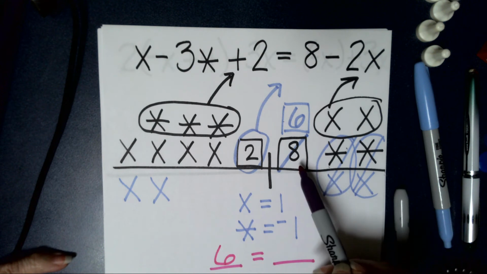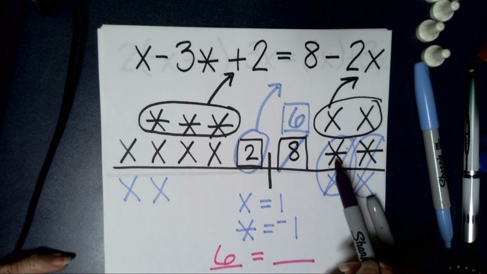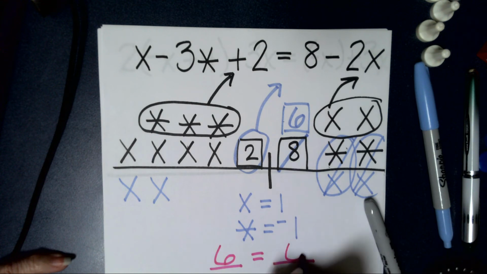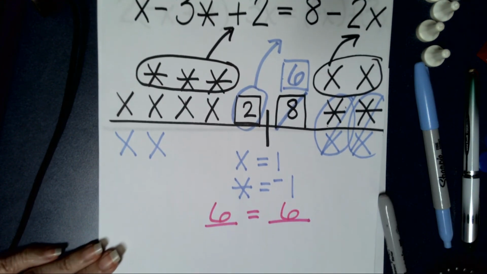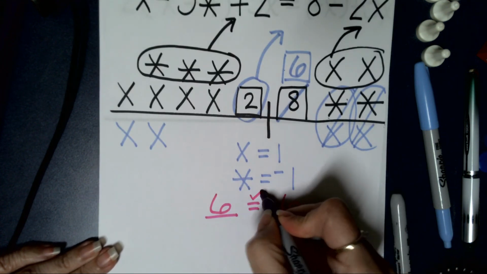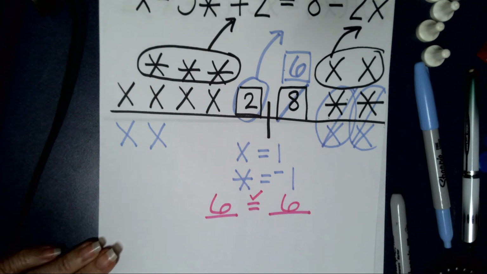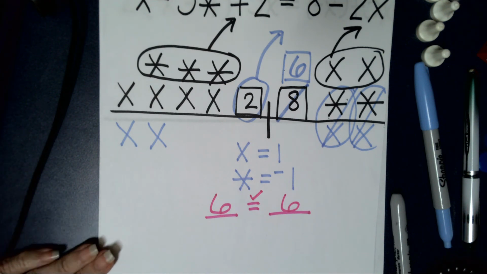Here we have 8. Take away 1, which is 7. Take away 1, which is 6. So 6 equals 6. That is a true statement. So our solution for X equals 1 and star equals -1 is accurate.